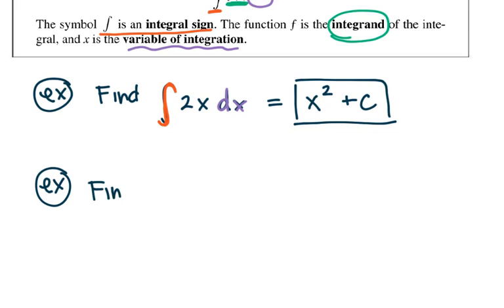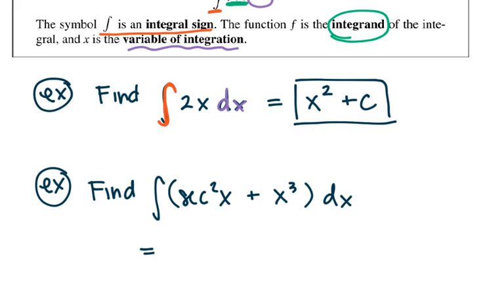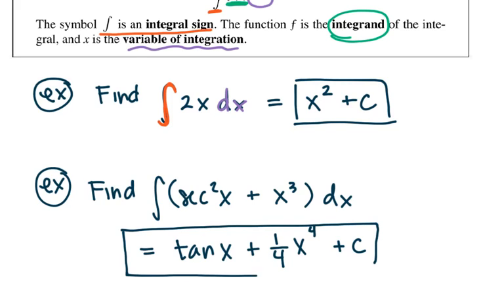So if I said find the integral for secant squared x plus x cubed dx, that would equal, well, the antiderivative of secant squared is tangent, so I have tangent x, and the antiderivative of x cubed, that's going to be 1/4 x to the 4th, because I add 1 to the 3 and then I divide by that value. And we always write plus c, our arbitrary constant.